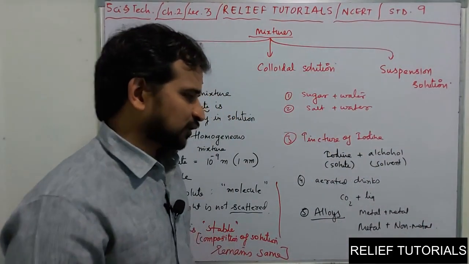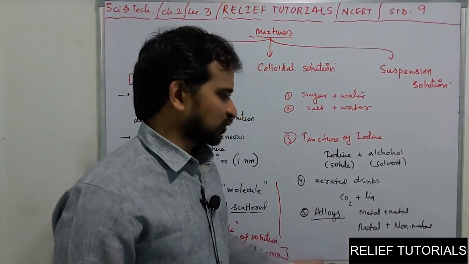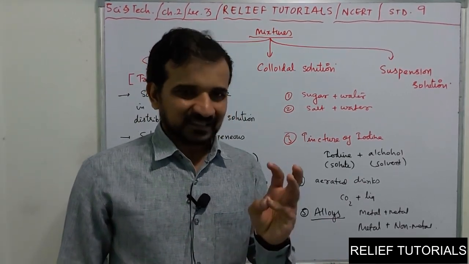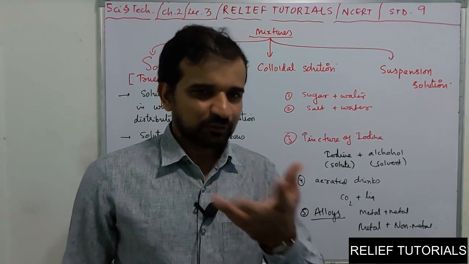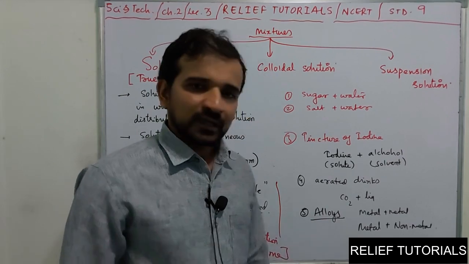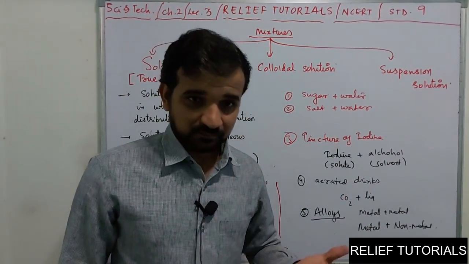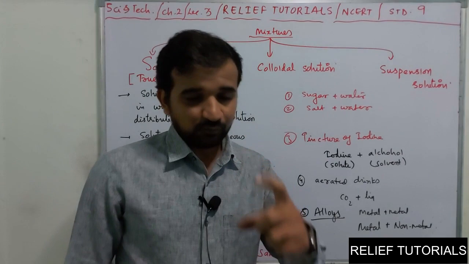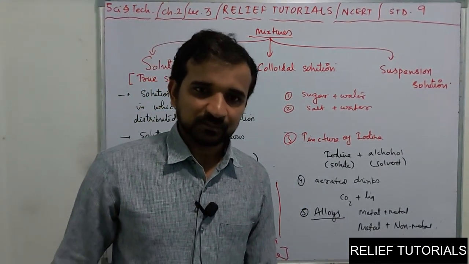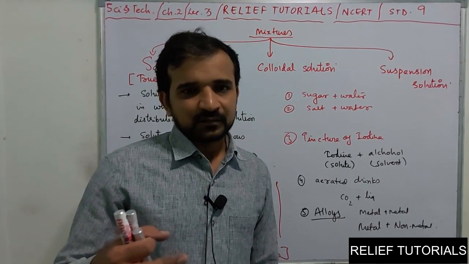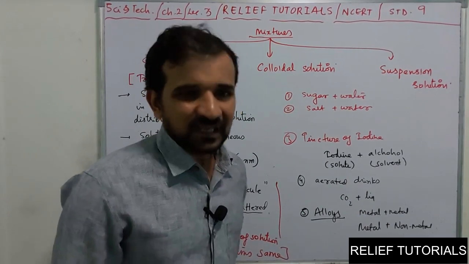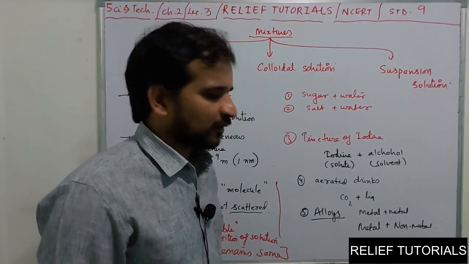So a homogeneous mixture of metal and metal or of metal and non-metal is called an alloy. Stainless steel, which we use, the utensils at our home are made up of stainless steel. Stainless steel is one type of alloy. Bronze, the bronze medal, is also one type of alloy. Brass substances, some handles of cupboards, are made up of brass maybe. So brass is also one type of alloy.